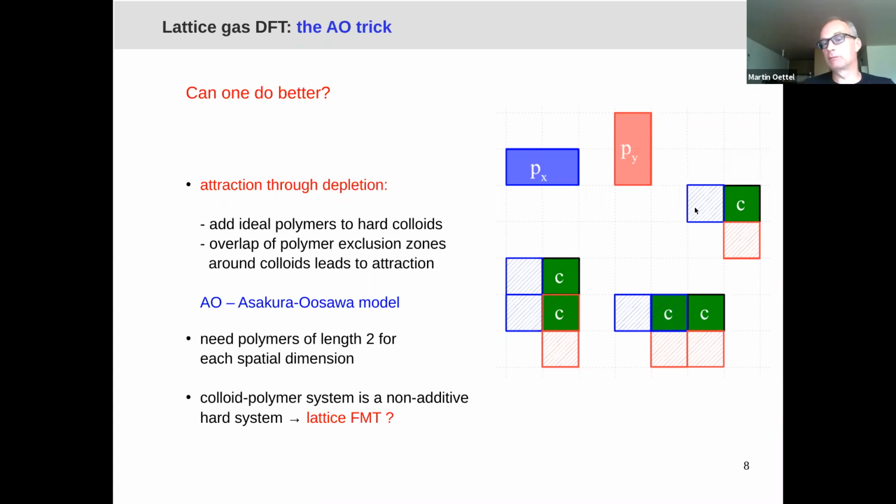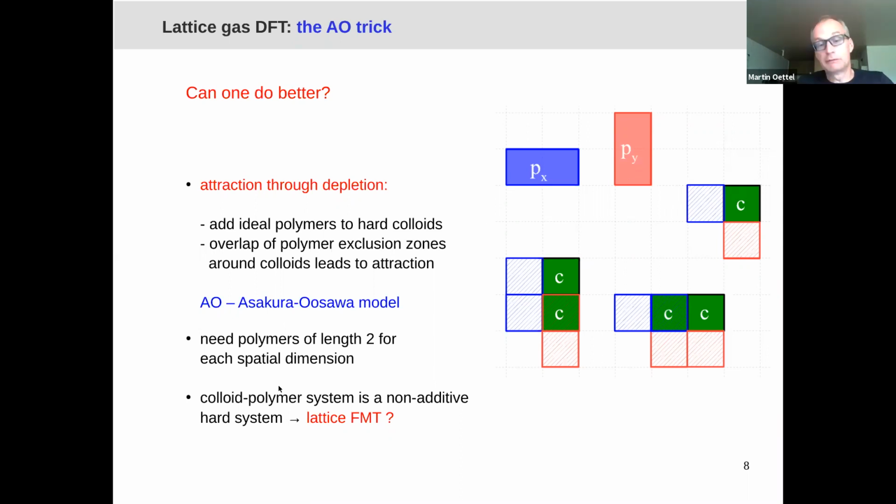And the same applies to the PY polymer, so there's an exclusion zone for that. And if then exclusion zones for two colloids overlap, then you generate entropy for the polymers, and this translates into an effective attractive energy. And so the model is designed precisely like that. With these two types of polymer, you generate the Ising model, or the lattice gas.